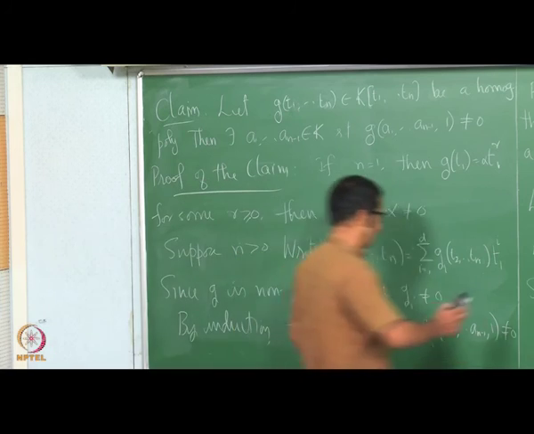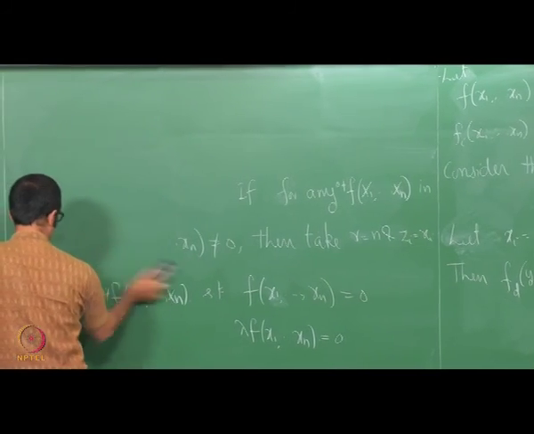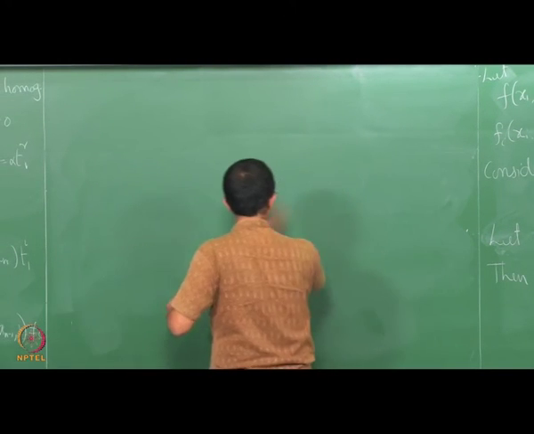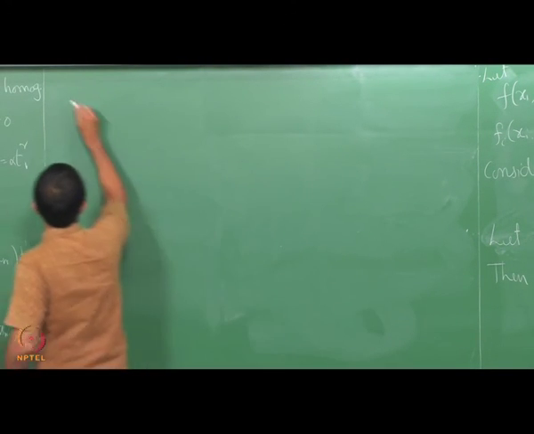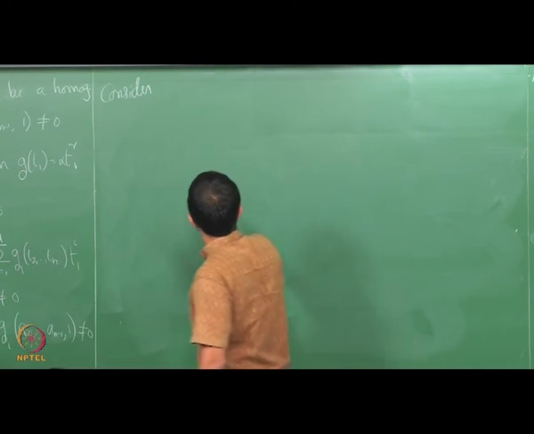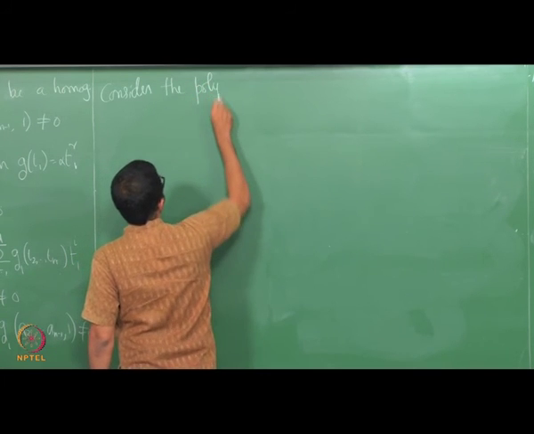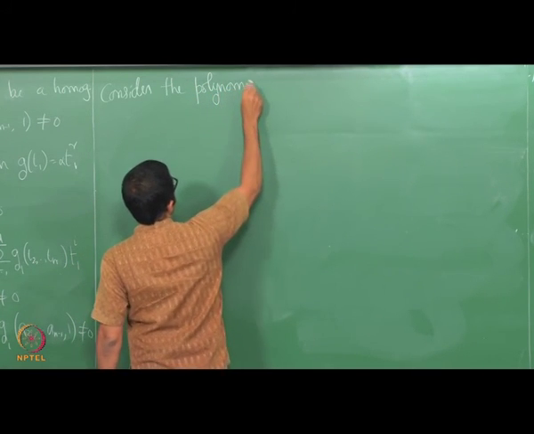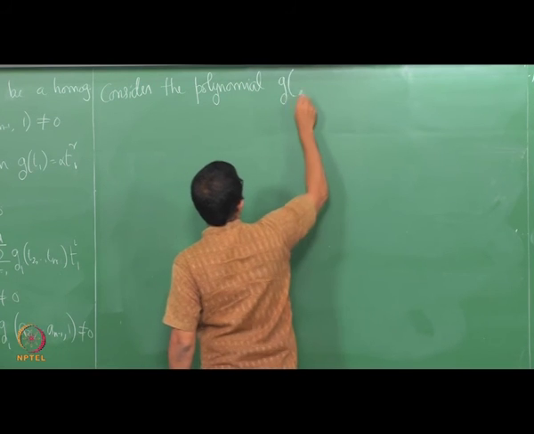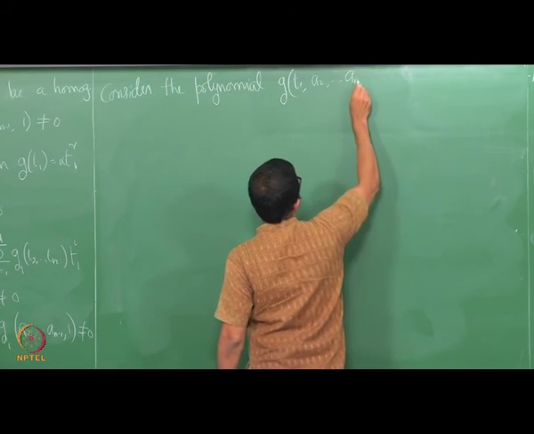Okay. So, now for this corresponding i, I have g_i non-zero. Now, what I do is I consider the polynomial g(t1, a2, up to an minus 1).